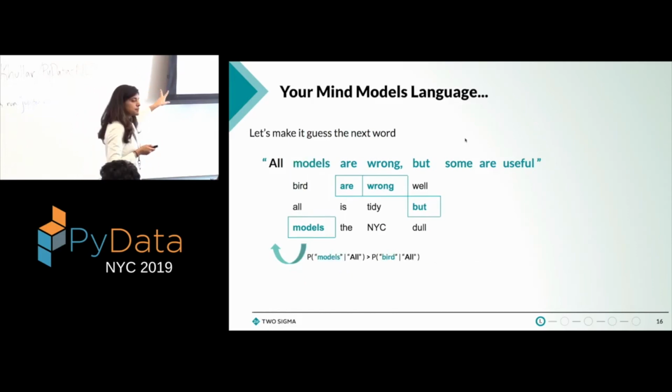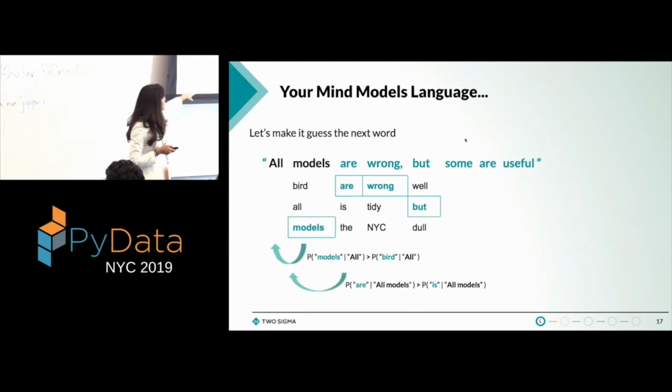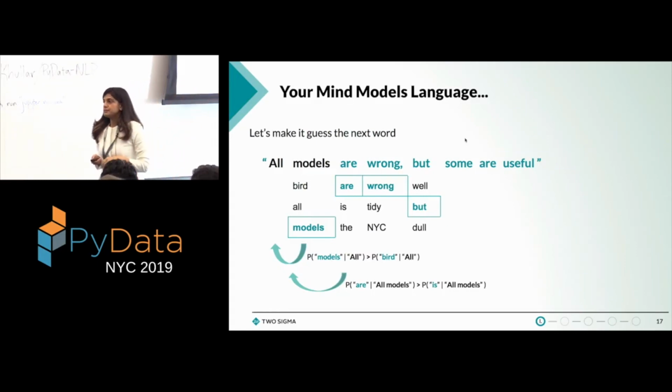Putting it in a mathematical way, the probability of seeing "models" in the first space was greater than the probability of seeing another word given "all". And in the second one, the probability of seeing "are" given "all" and "models" was more than the probability of "is" given "all" and "models", just because they were plural.